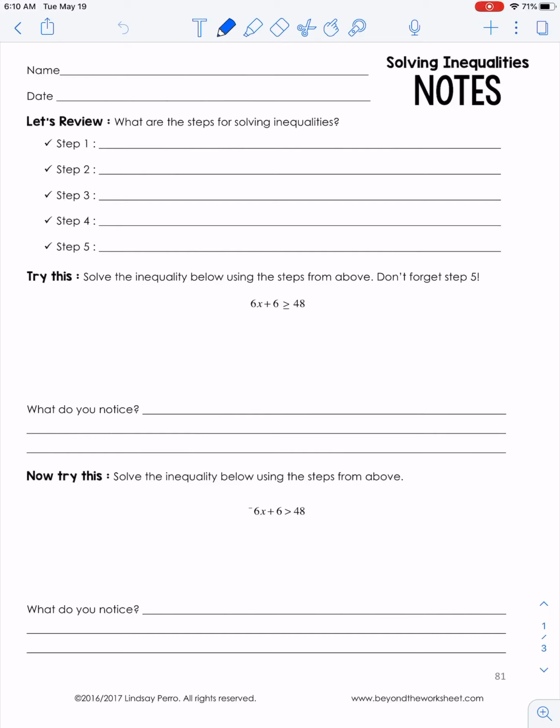We need to isolate the variable and the coefficient. The second step is to eliminate the constant with the inverse operation.